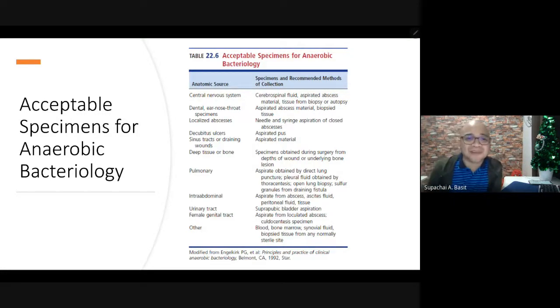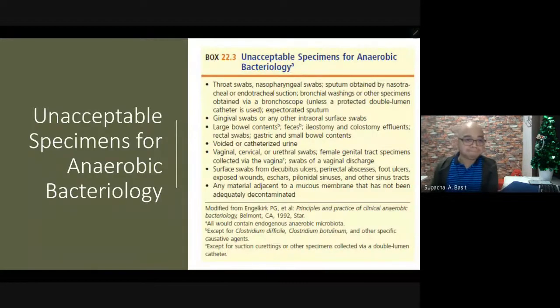So as you can see, there are several specimens that may be acceptable for anaerobic bacteriology. And I say that anaerobic bacteriology is actually much more difficult than aerobic bacteriology. Again, it's difficult because they get exposed to oxygen, as our atmosphere naturally contains about 21% oxygen.